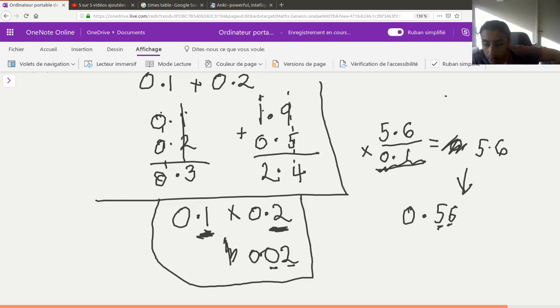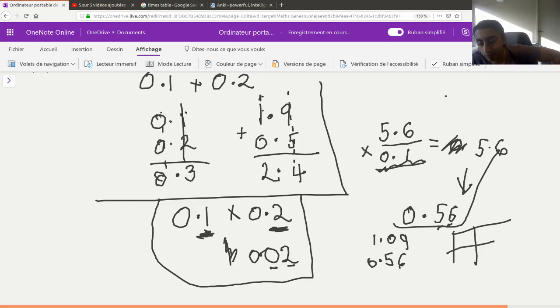Now I chose very simple examples. Maybe one might ask you to do something that's crazy. What you'd have to do is use that table I showed you in the previous video, and kind of separate.